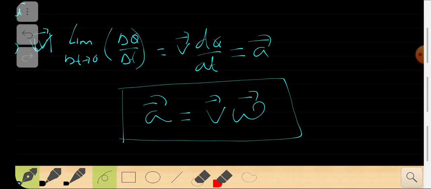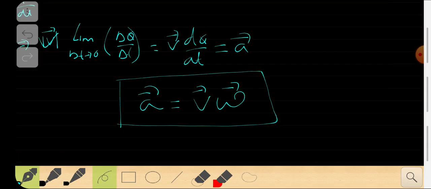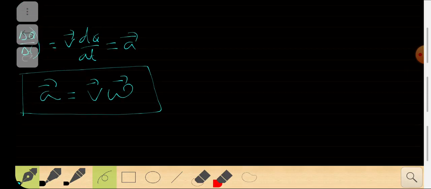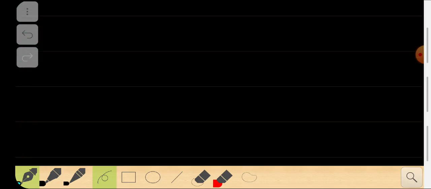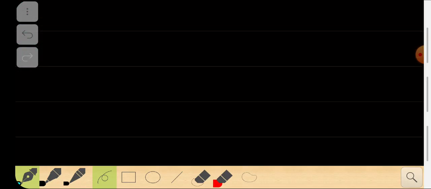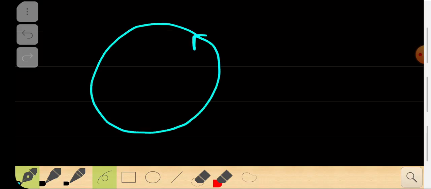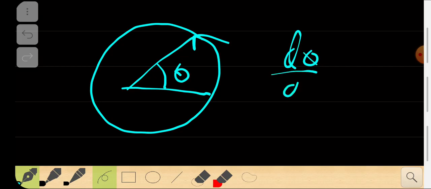Now let's look at the direction of this vector. For that, we always have to use the right-handed coordinate system. If you have something rotating in this direction, shifting by some angle theta, then d theta by dt is the time rate of change of theta, also called omega.